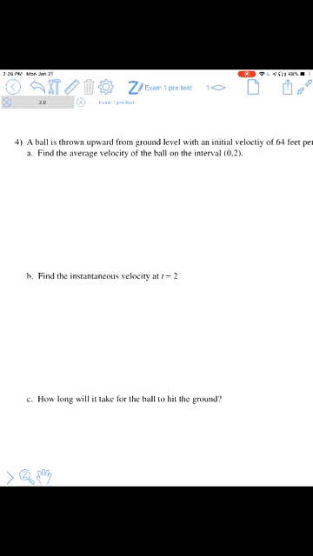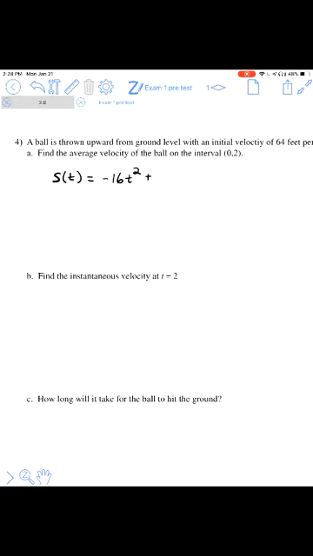Average velocity is simply the slope of a secant line from the position function. Instantaneous velocity comes from the slope of the tangent line. Tangent line is the first derivative. So average velocity is going to come from the position function s of t. So negative 16t squared, that's the effect of gravity.